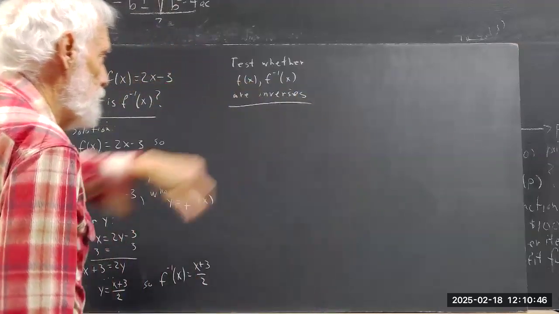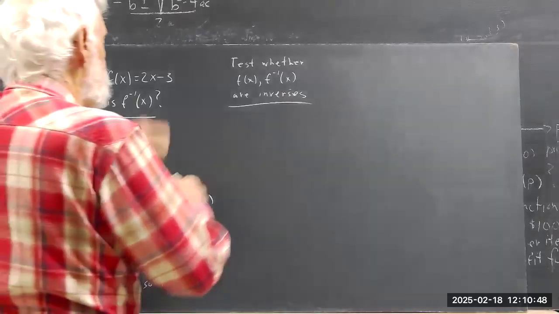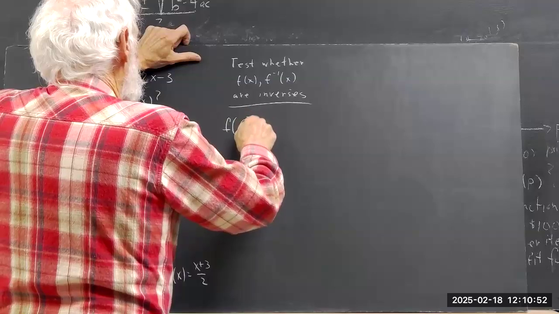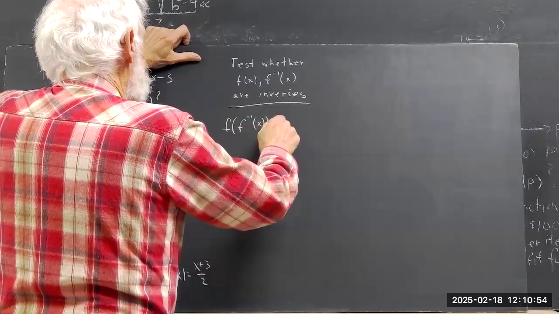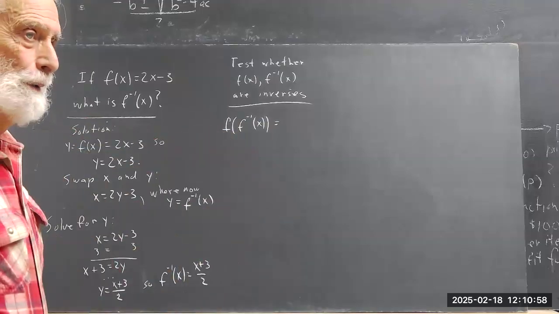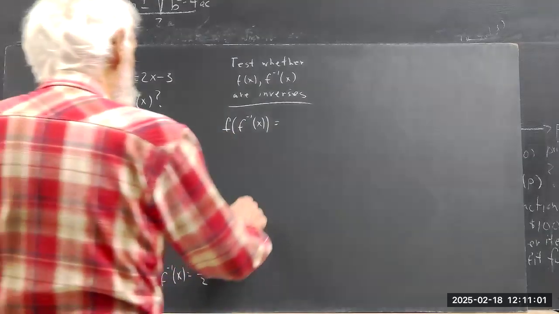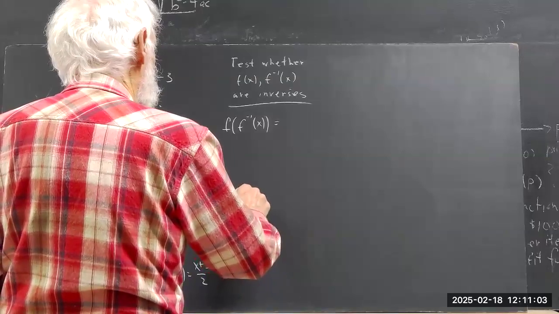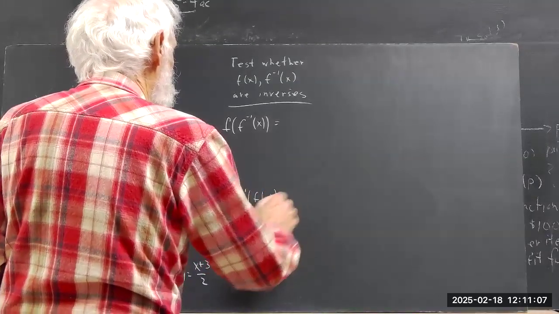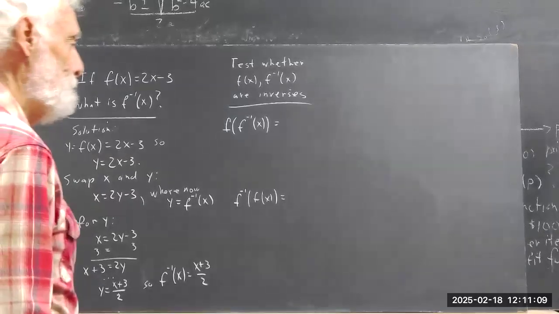We test whether these things are inverses, and to do that, we do f of f inverse of x. You start there. And then we're going to do f inverse of f of x, and you get to start there.